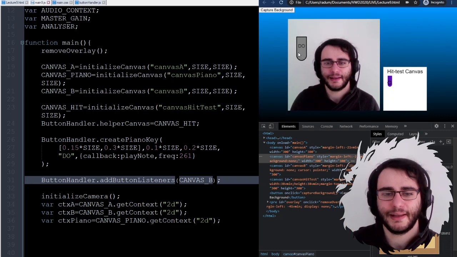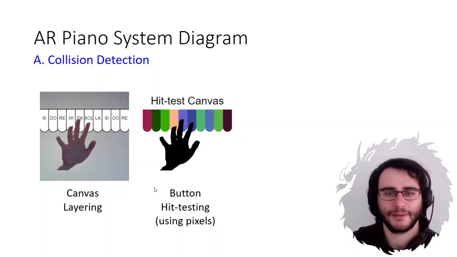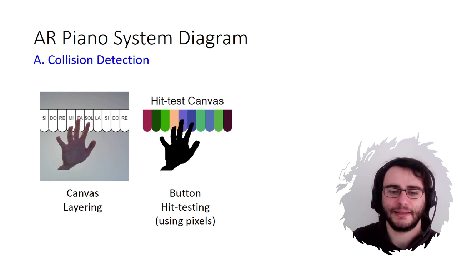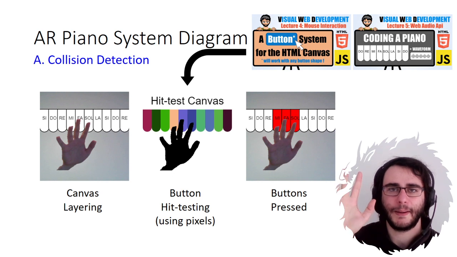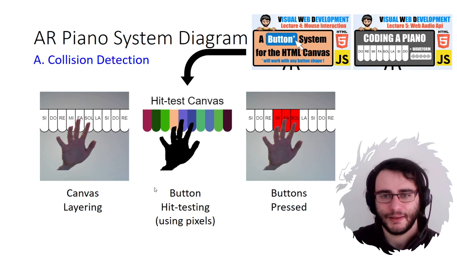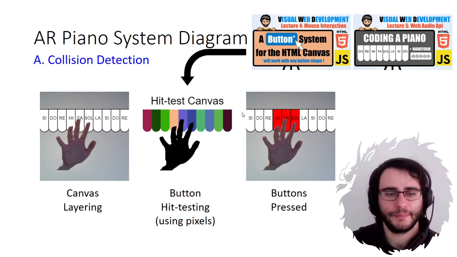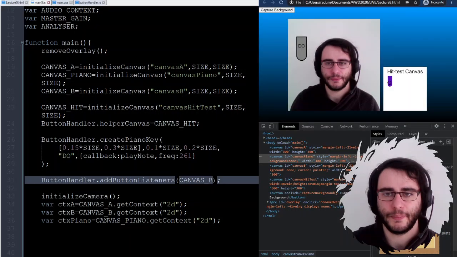And in the next step now, I want to get this information, like where do we take the colors from all the pixels that are covering this hit test canvas there, so that I can essentially trigger the buttons using my hand instead of the mouse. So this is actually the last thing that I plan to do for today, but let's see how easy it is to make.